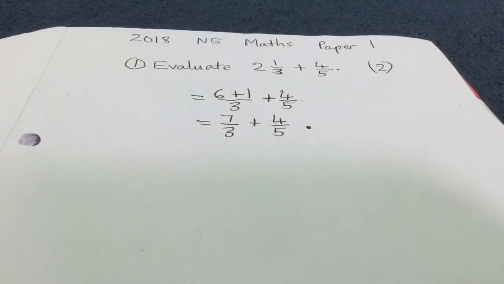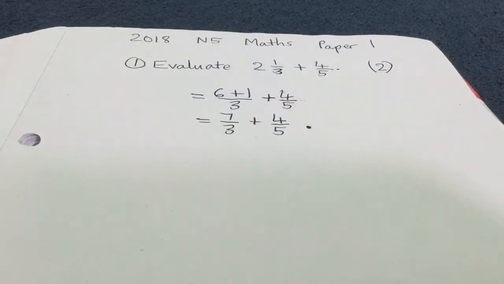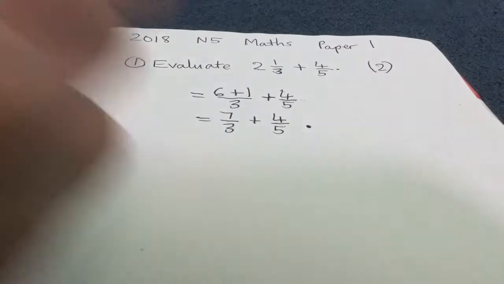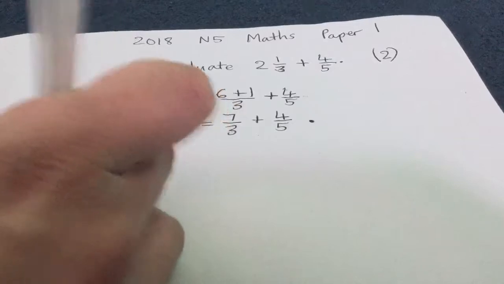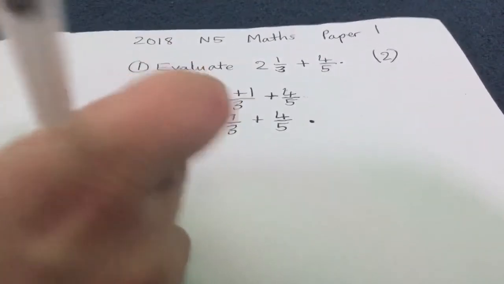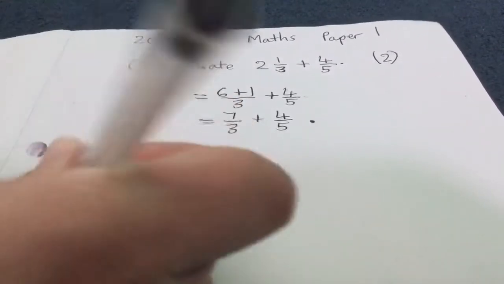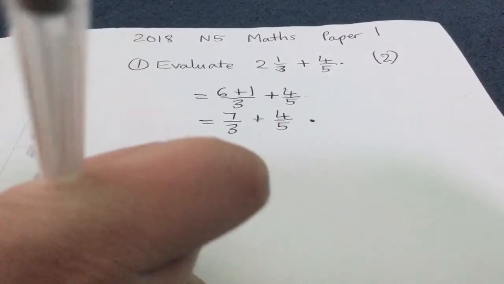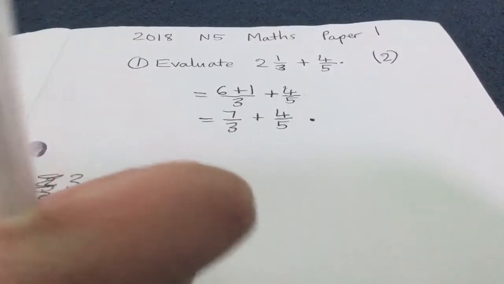Okay, so now we have 7/3 and we have 4/5, so we need to find a number which is a common multiple of 3 and 5, and we need the smallest number possible to make it easier to work with. So we're going to go through the 3 times table, and write down 3, 6, 9, 12, 15, 18, 21.